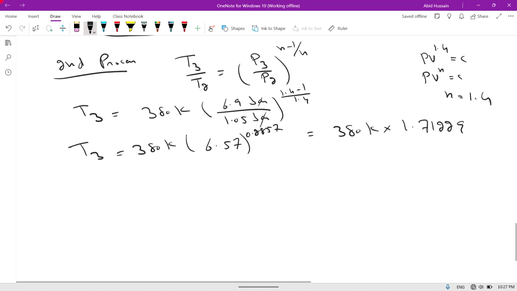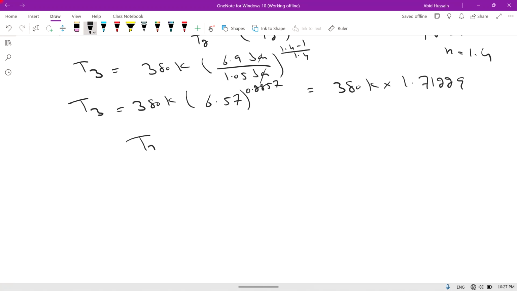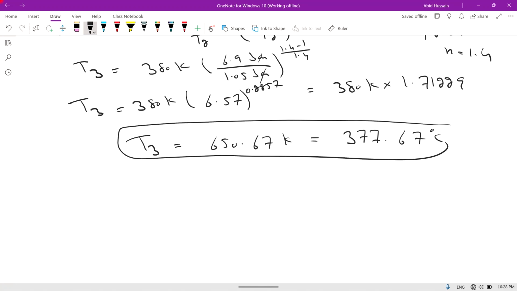So T3 is equal to 650.67 Kelvin. In degree centigrade, subtract 273 from this. So in degree centigrade, this value will be 377.67 degree centigrade. This is final temperature.